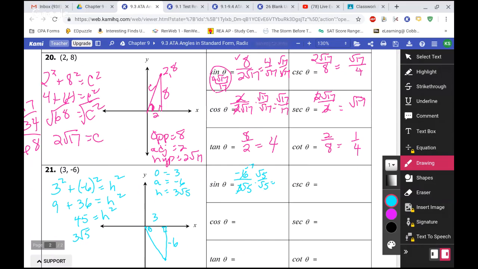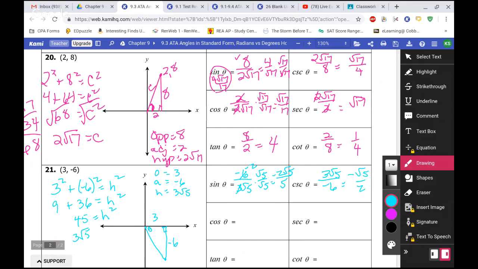So that 5 comes out, and you have negative 6 root 5 over 15, and then that can reduce to negative 2 root 5 over 5. Yep. And then it's 3 root 5 over negative 6 for the cosecant. Did you get 3 root 5 over negative 6? And then you reduce that to negative root 5 over 2.